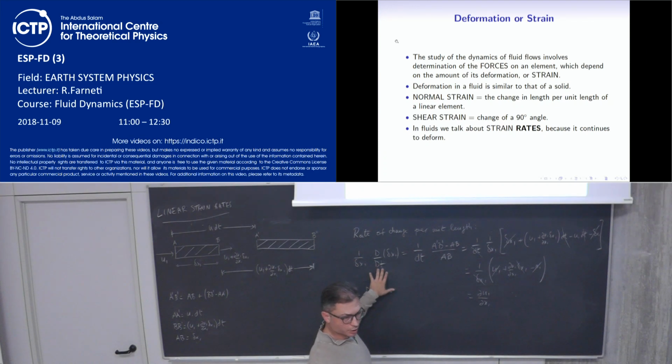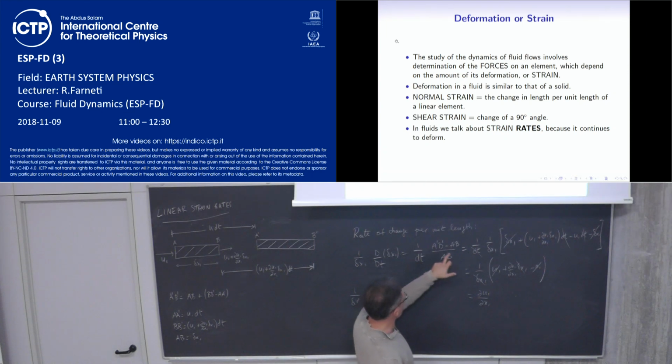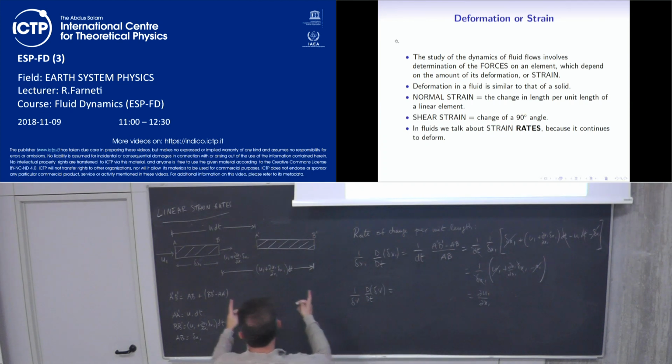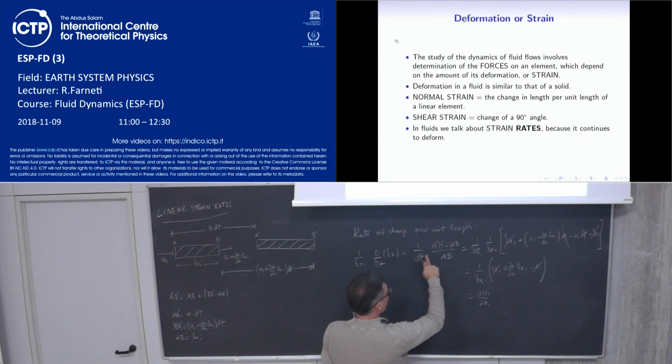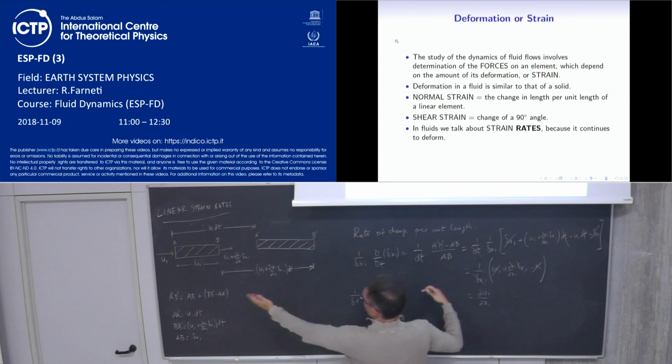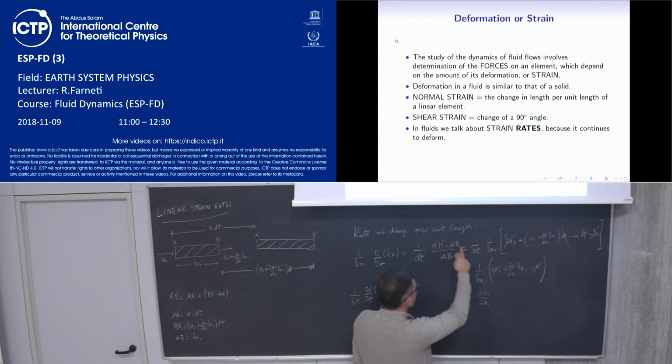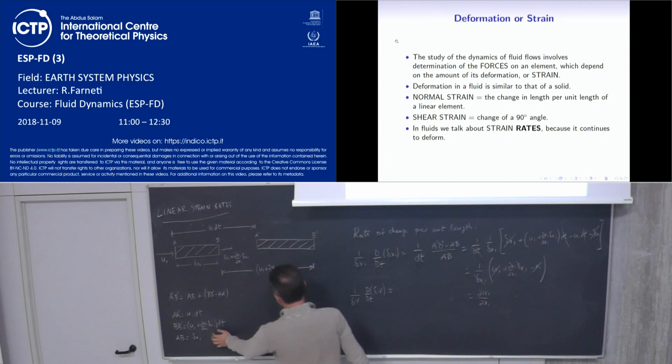So the total change in the delta x, okay, the rate of change, I can express the rate of change as the rate of change of the changes in the x1. And the changes in x1 are A prime B prime minus the AB per unit length. I'm just expressing the same thing in a different way with this example. Okay? So the rate of change per unit length of my element is equal to, and in this simple example I'm substituting all this A, B, A prime, B prime with all this.